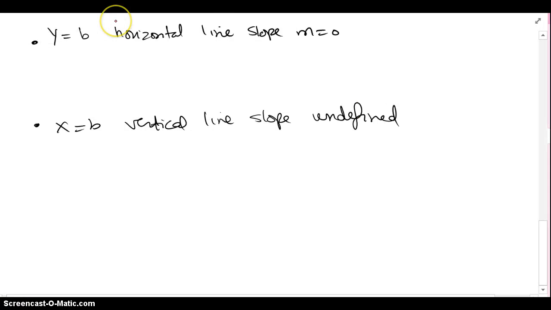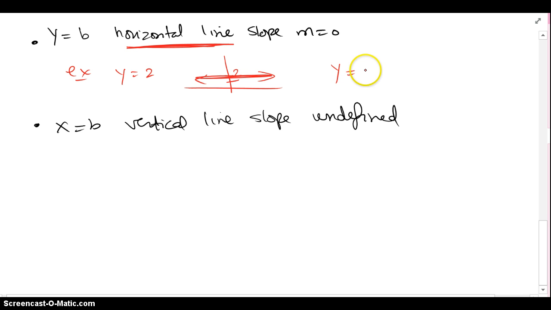One last thing, anytime we have y equals a constant, a number, it's going to be a horizontal line. For example, if I have y equals 2, that's just going to be a horizontal line going through the y value 2. Or if I have y equals, let's say, negative 3, that's just going to be a horizontal line going through negative 3.